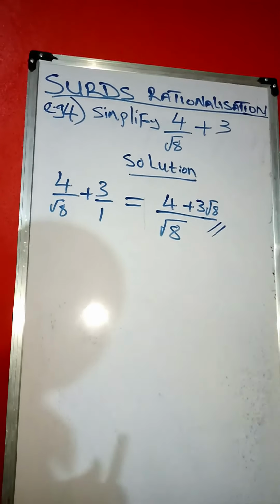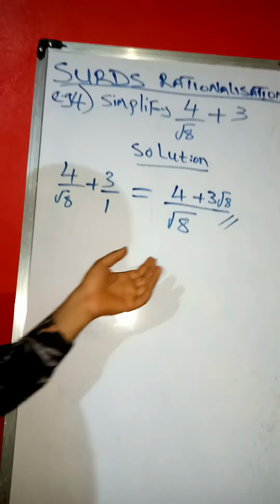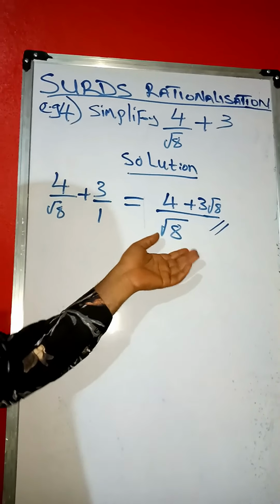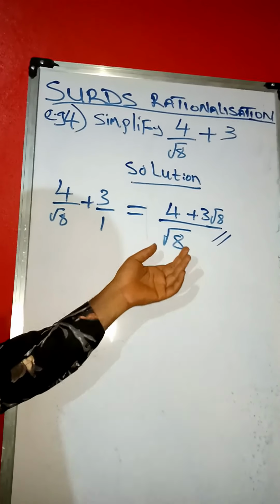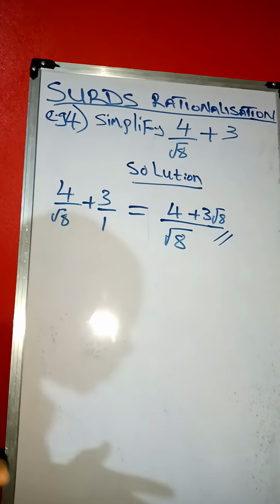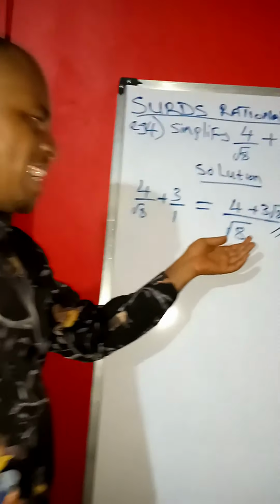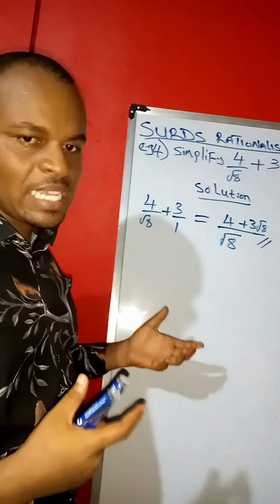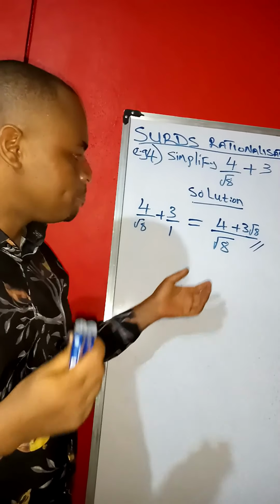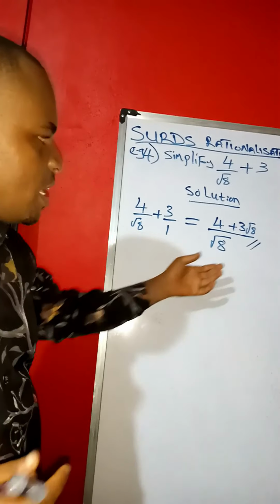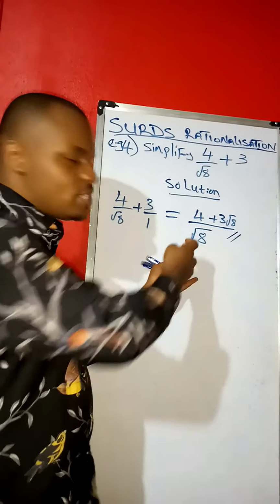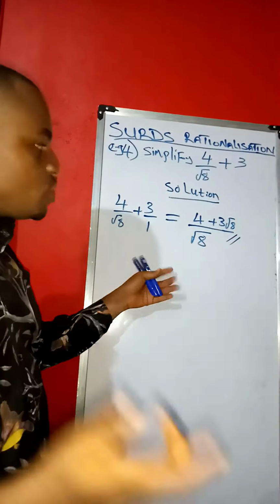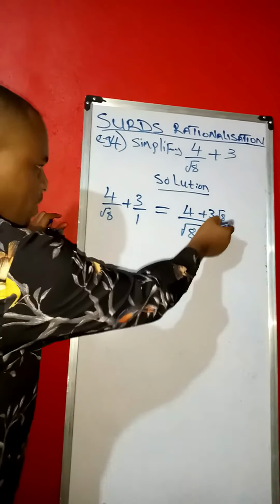But remember that when we started, we said we don't want to see an irrational number in our denominator. And also this root 8, remember when we did simplification of surds, I can simplify my root 8. I can actually have 4 in root 8, which will give me the square root of 4 is 2. So I can simplify this root 8.